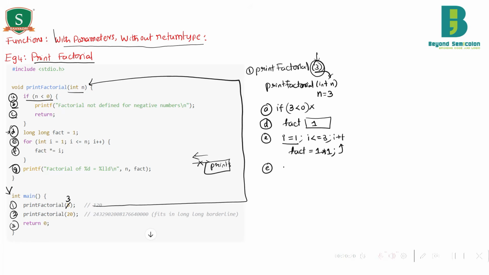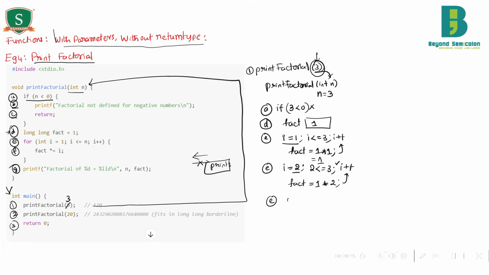Look at the E statement, it gets executed again. I value is updated to 2, less than or equal to 3, the condition is true. Then factorial is equal to, already factorial value is 1, multiplied by I value is 2, goes back to here I plus plus.